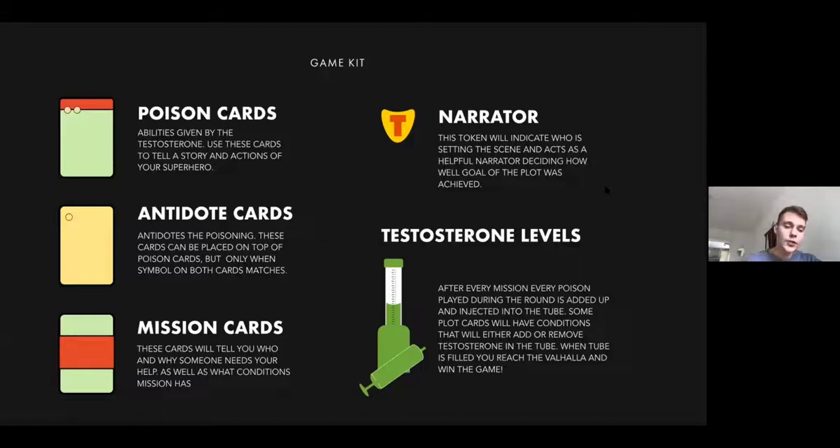Mission cards tell players the conditions of a certain mission that they need to tell the story about. We have a narrator token, which goes around, for the person who sets the scene, and testosterone levels that measure your progress within the game. To win the game, you need to fill up the tube, reach Valhalla, and get totally poisoned by testosterone.